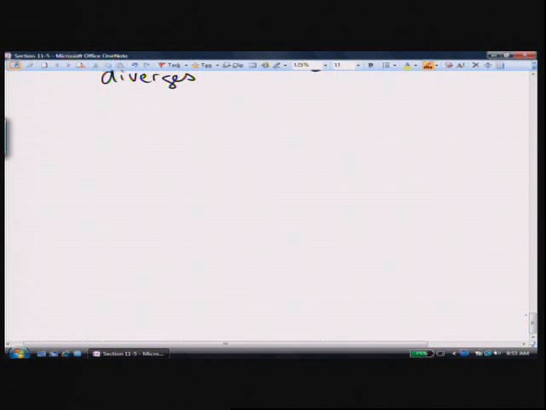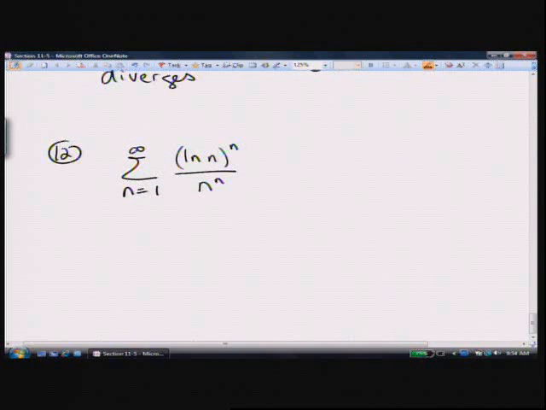Okay, let's do another one. How about, we did an e, so not to be left out, ln n to the n over n to the n. All right, let's look at this one.